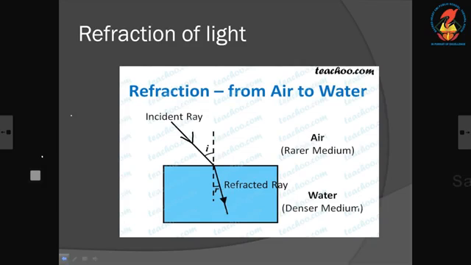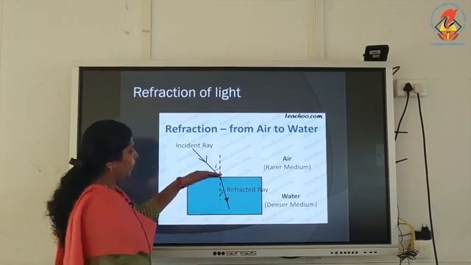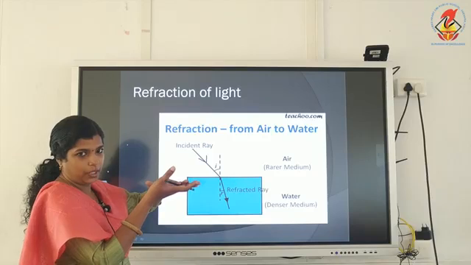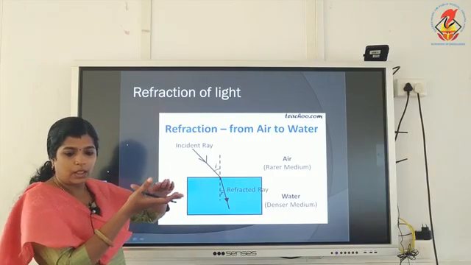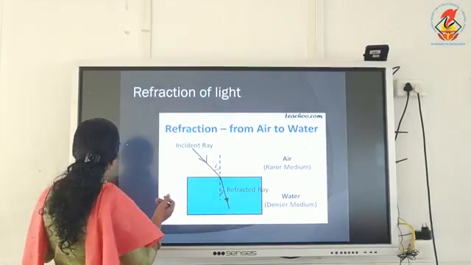This is a point of intersection. At this point, the ray of light meets the surface of the two separating media. So, we can name it like this.